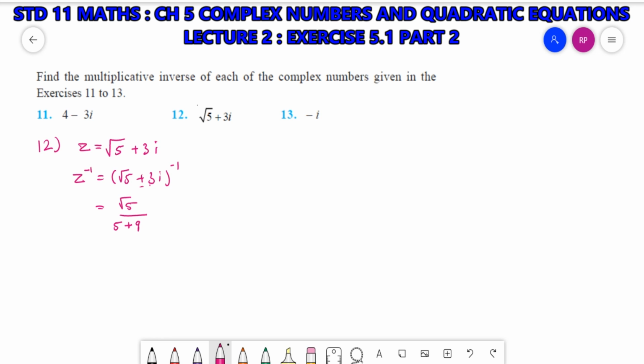We will change this sign: minus 3 upon 5 plus 9, i. This will be root 5 by 14 minus 3 by 14 i, or (root 5 minus 3i) upon 14. Clear? So this was question number 12, just note it down.